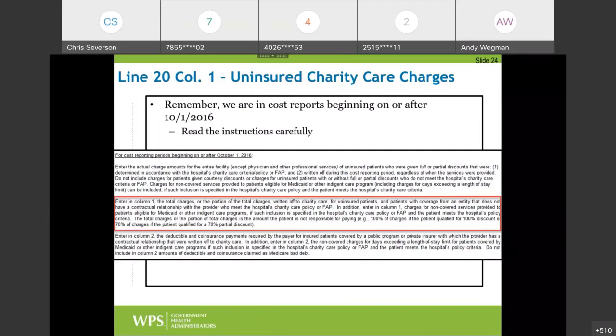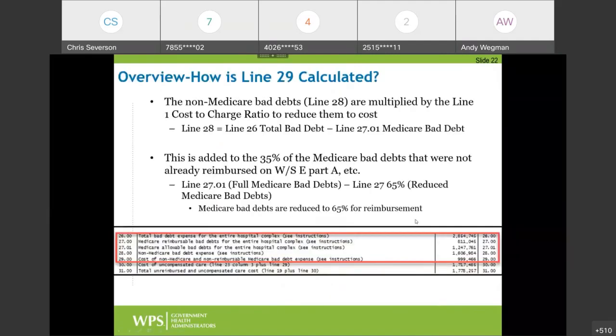There was a public comment that said this whole idea, let me go back to that slide, of subjecting all non-Medicare bad debt expense to the cost charge ratio and not subjecting Medicare to the cost charge ratio, is almost based on an assumption that non-Medicare is a charge amount, which, as you just said, quite a few of them won't be. They're regular insured patients. So why are we subjecting a co-insurance and deductible to a cost charge ratio?